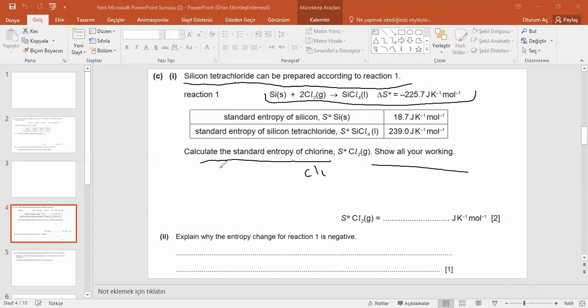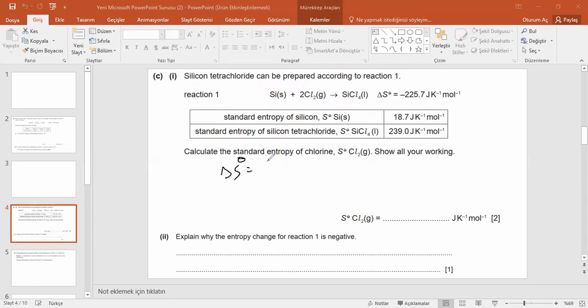So guys, delta S equals S of the products minus S of the reactants. We know this. The entropy of the product is 239, minus the entropy of the reactants. On the reactant side we have 18.7 for silicon, plus Cl2, which is unknown, so 2x because we have two of them.